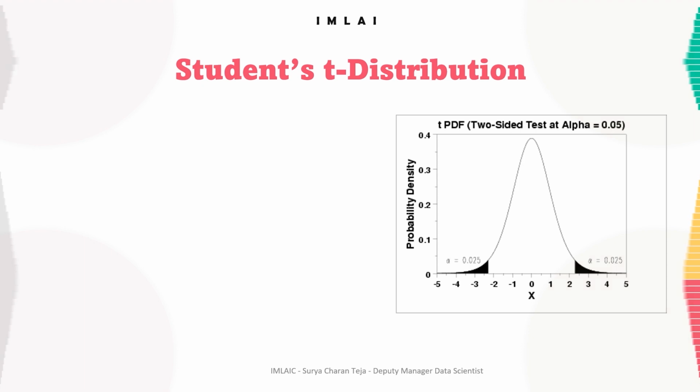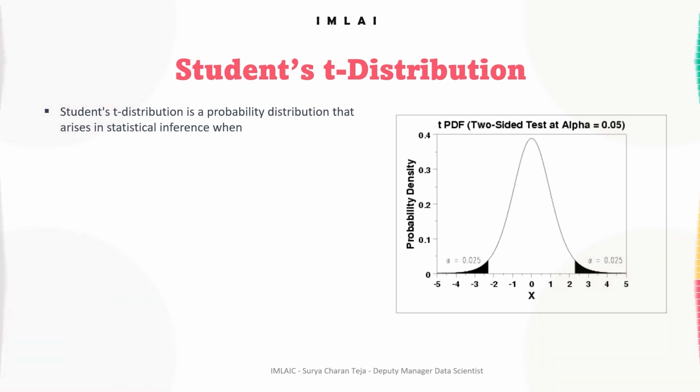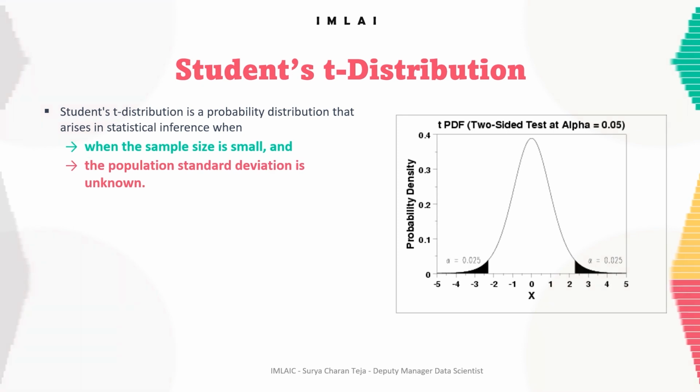So, students, t distribution is a probability distribution that arises in statistical inference when the sample size is small and the population standard deviation is unknown. When these conditions are there, when we do not know the population standard deviation, and when the sample size is very small, in this case we will go with the students t distribution.